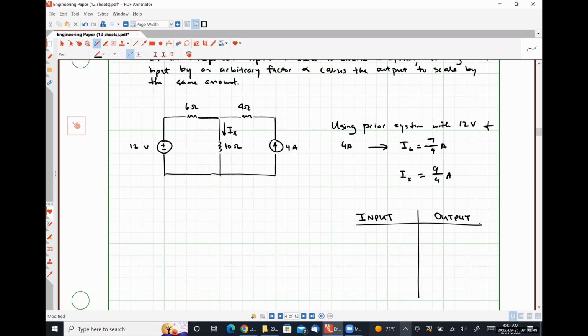So the first time we solved this system, our inputs were the 6-volt source and the 2-amp source. And we saw that our output was Ix equal to 9/8 of an amp.